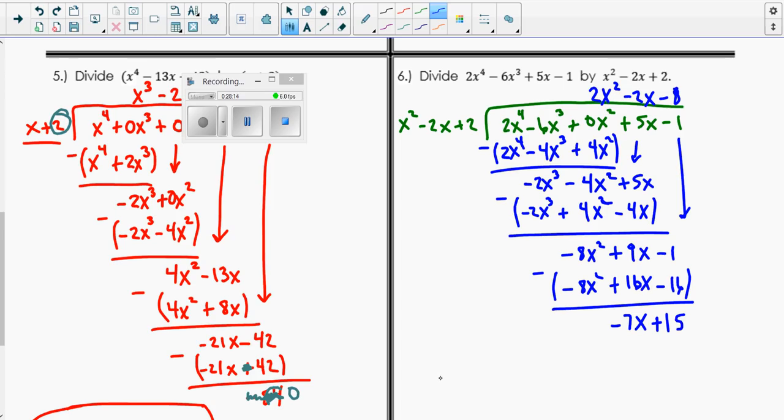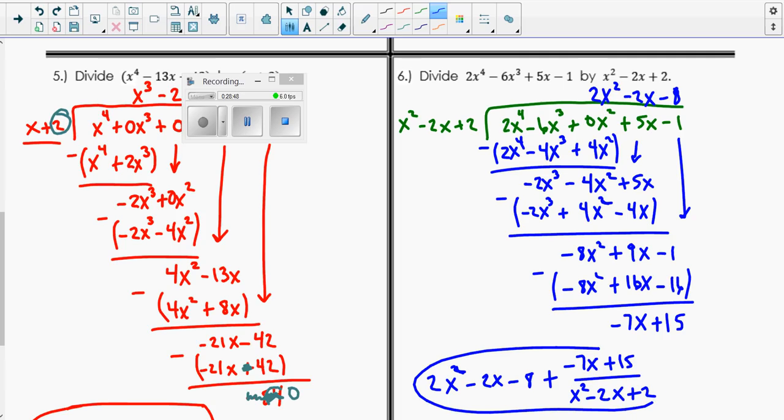Okay, so my answer is going to be 2x squared minus 2x minus 8 plus negative 7x plus 15 over my divisor, which was x squared minus 2x plus 2.